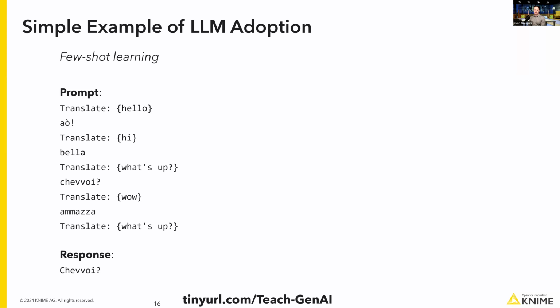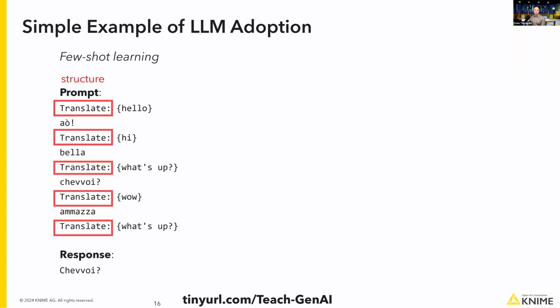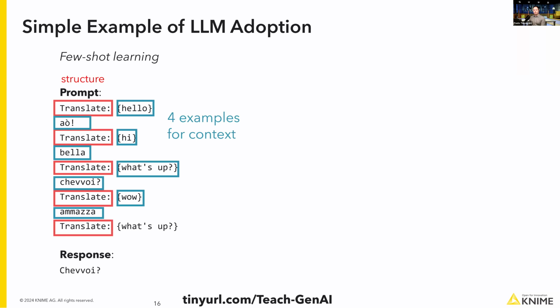So for example, here we have a prompt where we provide in the instruction what is supposed to be translated from English to this really specific Italian dialect from Rome, my city. And you can see here there are 4 examples that you give for context. For example, hello, hi, what's up, wow, and the translation.